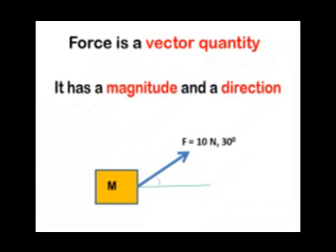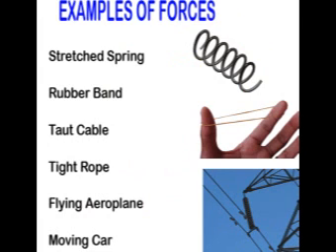In everyday use, a force is used to describe a push or a pull. Examples are a stretched spring, a rubber band, a taut cable, or ropes. All of these exert forces on objects.